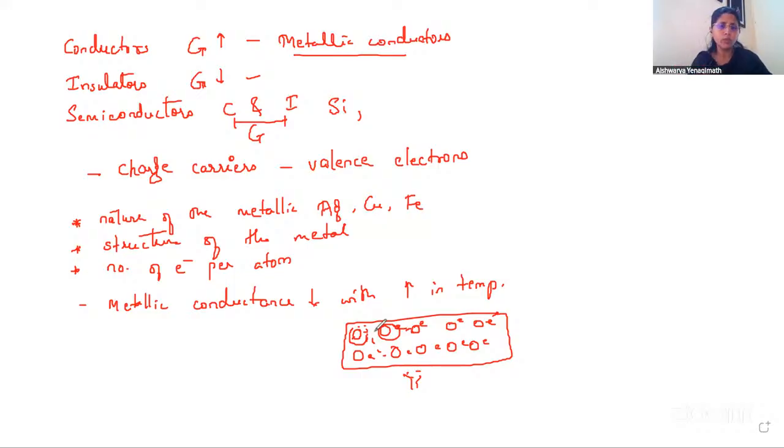The atoms move in a very zigzag, haphazard manner, so the electrons get stuck up. Basically the direction of the flow of electrons gets restricted.